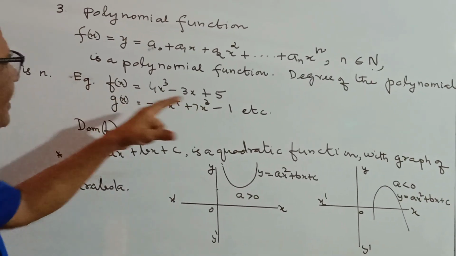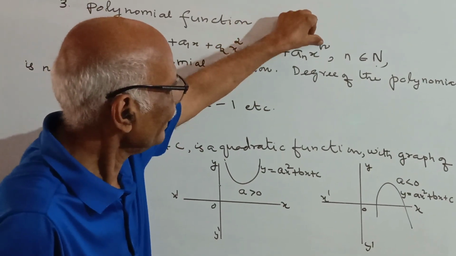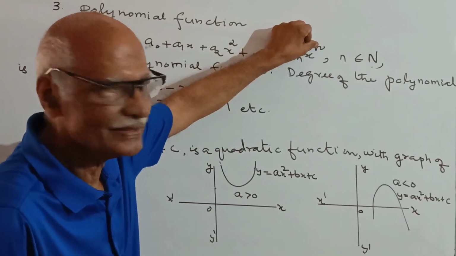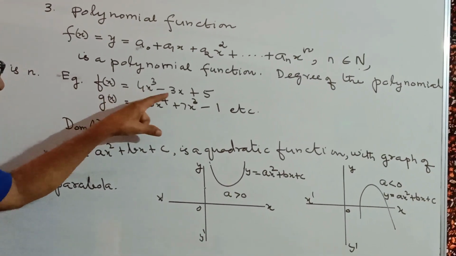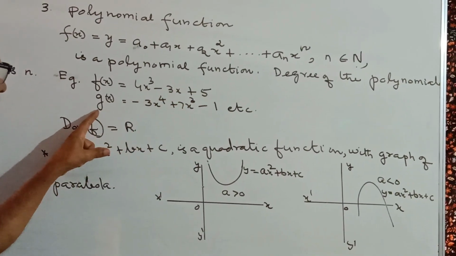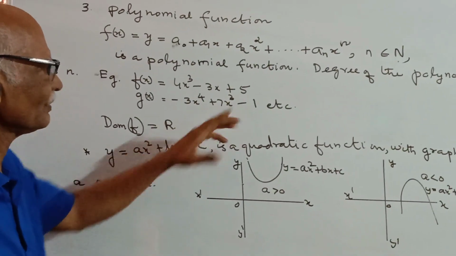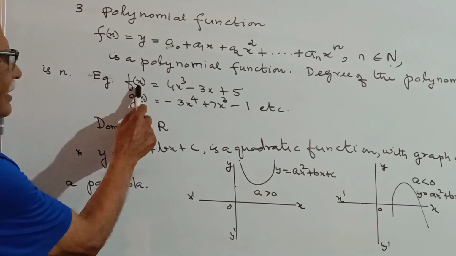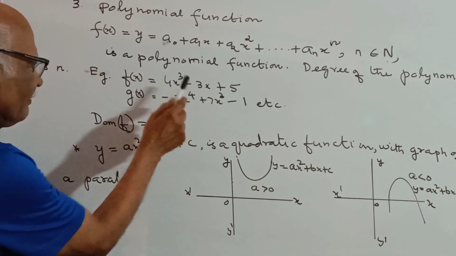The degree of the polynomial is the degree of the highest degree term. This is n. So the degree of this polynomial is n. For example, f(x) equals 4x cubed minus 3x plus 5. g(x) equals minus 3x raised to 4 plus 7x cubed minus 1, etcetera. f(x) is a polynomial of degree 3. g(x) is a polynomial of degree 4.